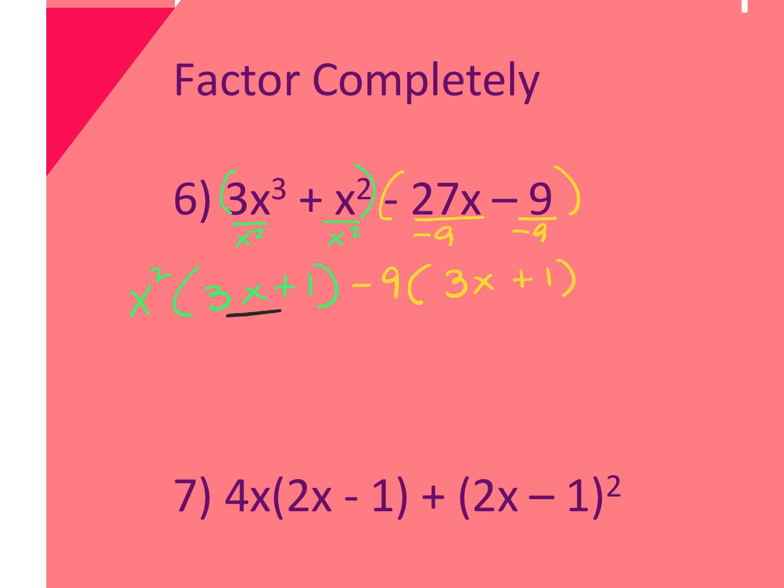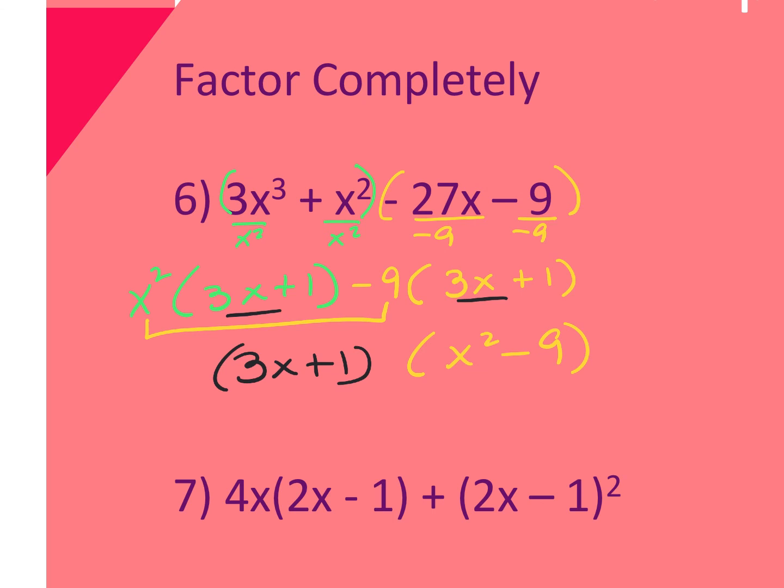Notice what's in the parentheses is the same. You write that down, and then take the 2 GCFs that you found, that you divided by, and they go in the next parenthesis. Now, take a look at your binomials. If you notice that there is something that still could be factored further, we got to keep going.